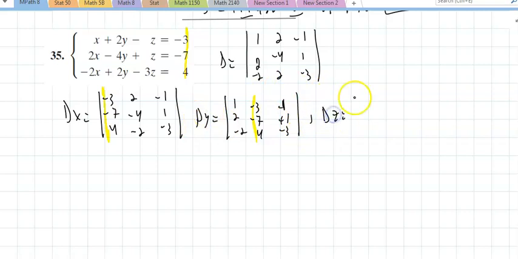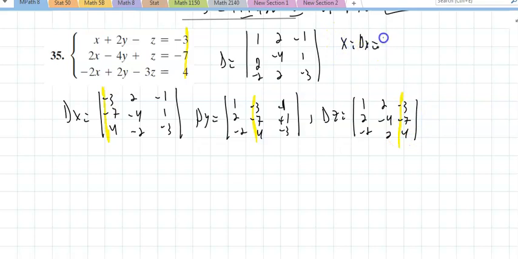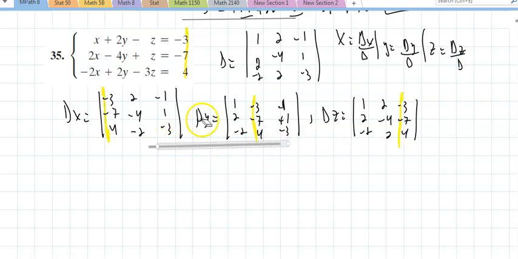And D sub z would be the x untouched, and in place of z, we would have a negative 3, negative 7, and a 4, and we know that x is D sub x over D. Y equals D sub y over D, and z will equal D sub z over D. And keep in mind, when I ask you on the test to use Cramer's rule, I'm going to ask you for one of them only. You don't have to do all three.